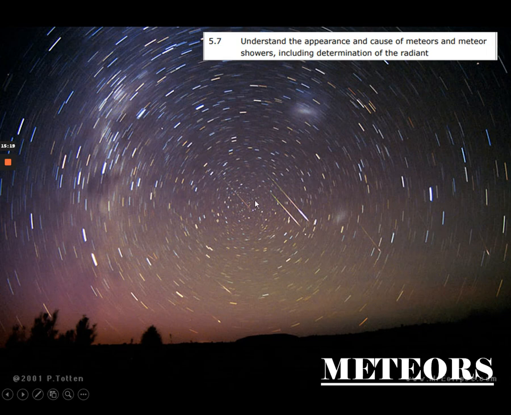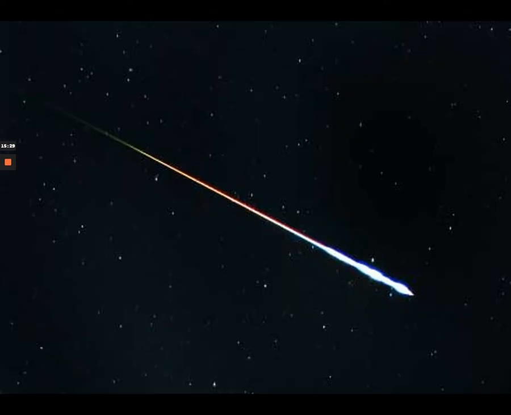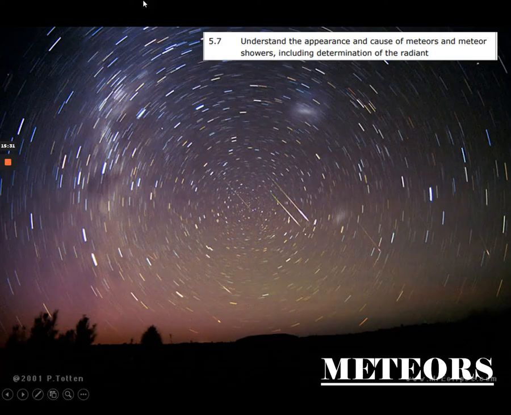Okay, so comets leave a trail. When they go around the sun, they will start to melt, and they'll leave little bits and bobs sitting there in space. When these little bits and bobs come through the atmosphere, you'll see streaks in the sky.